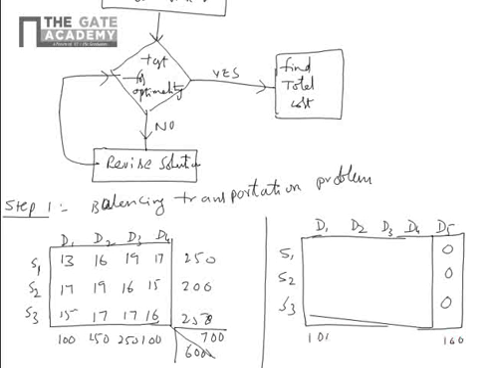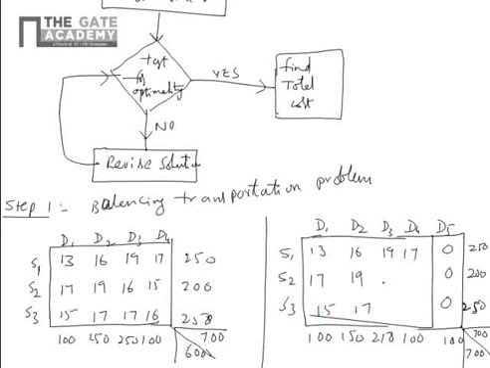Everything else will be the same: 100, 150, 250, 100, 100 demands and 250, 200, 250 supplies. Now the transportation problem is balanced, 700 and 700. The costs of transportation from one supplier to each destination remain the same.